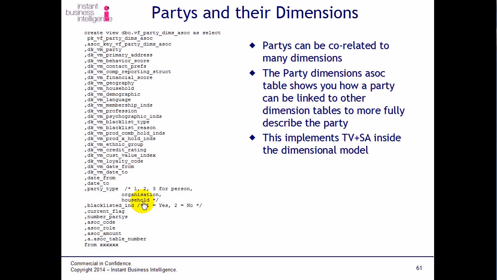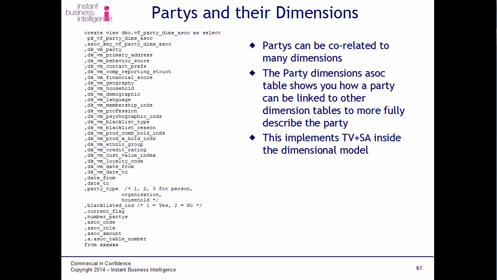Now the important thing to remember, we have VM date from, VM date to put out to the actual dimension tables, as well as the actual date from, date to. So if we have date from, date to with the keys and the current flag, when something like my demographic changes, I'm going to close one record and open a new record. So let's say I have a birthday, and in fact I just turned 50 a couple of weeks ago, and normally you'd have 45 to 49 and then 50 to 54, right?